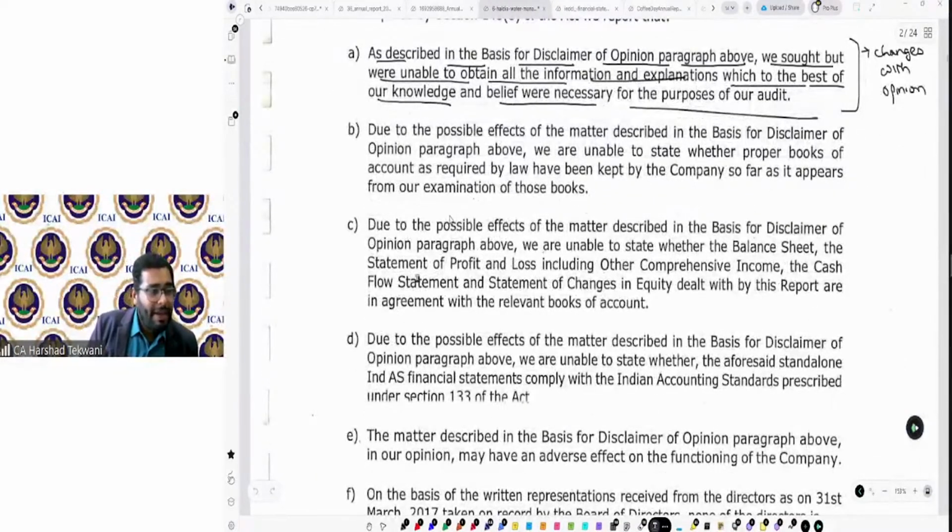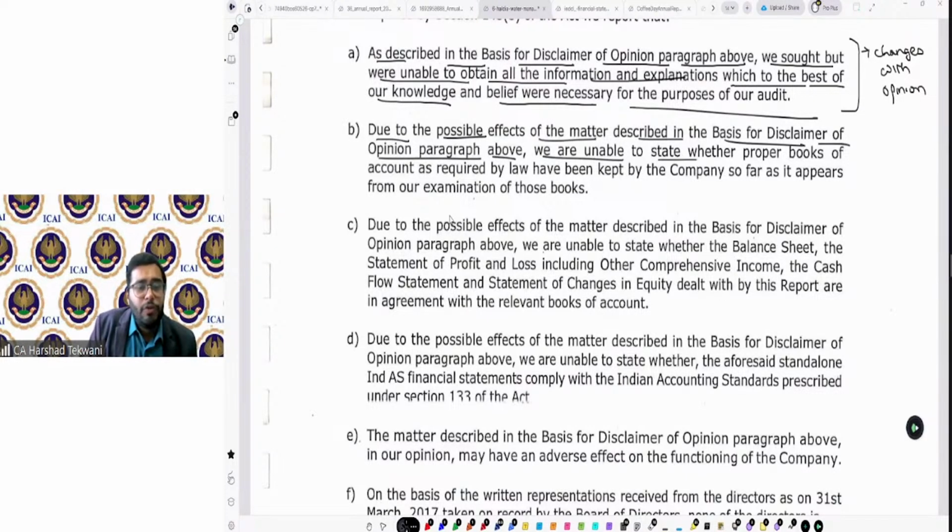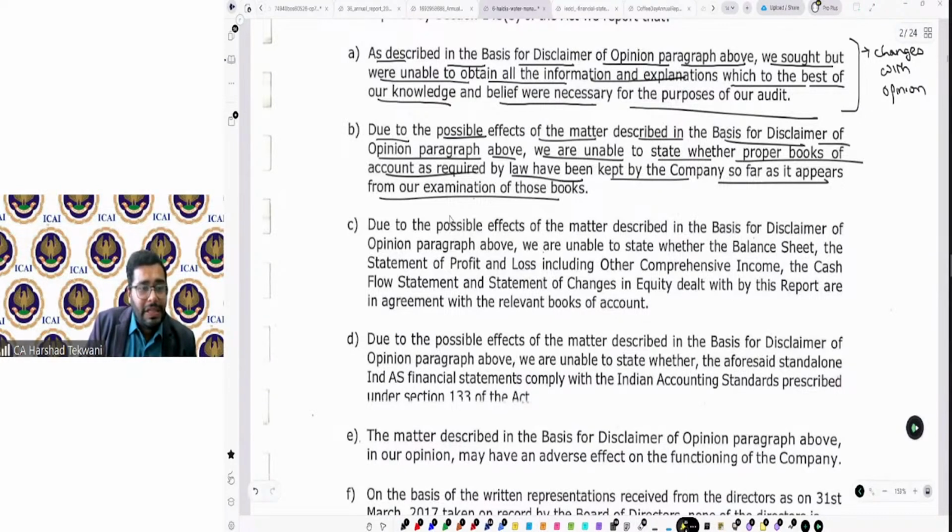Due to the possible effects of the matter described in the basis of disclaimer of opinion paragraph above, we are unable to state whether the proper books of accounts as required by law have been kept by the company so far as it appears from examination of those books. Because they were not able to get any information, they cannot comment. They are unable to state whether proper books of accounts have been kept by the company or not.